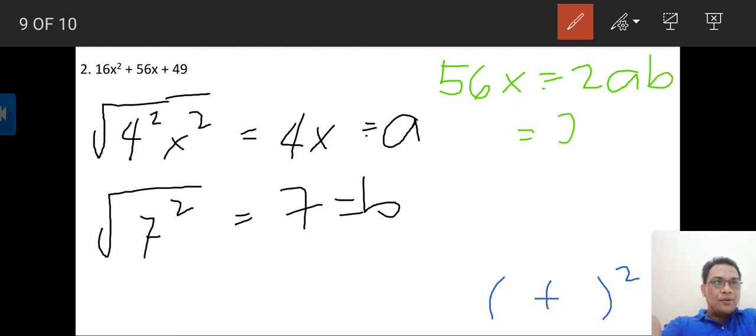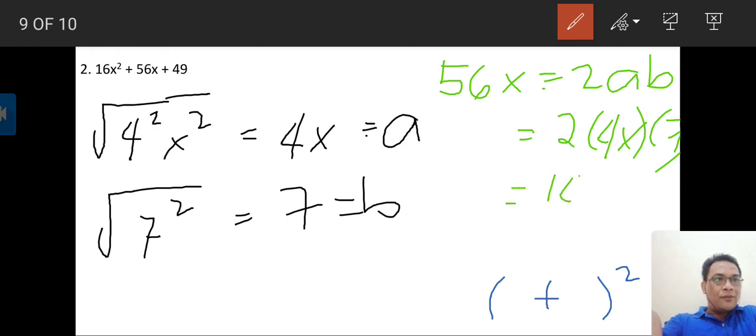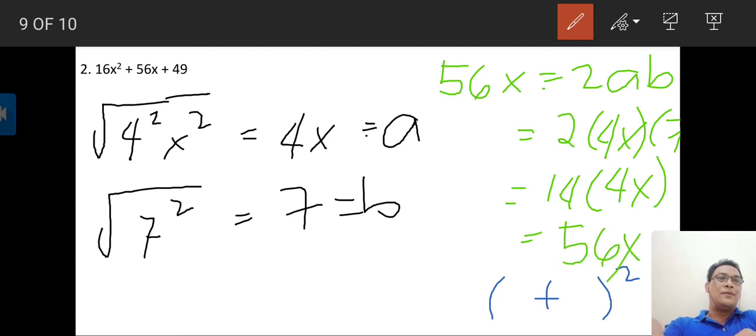So that will be 2 multiplied by 4x multiplied by 7. 7 multiplied by 2 is 14, multiplied by 4x, that will be 56x. Okay, so that is a perfect square trinomial.